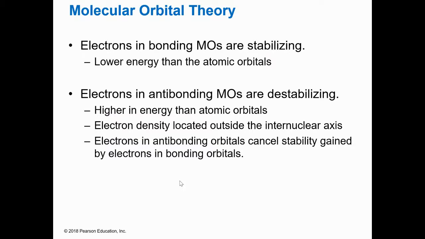The lower ones, they can just drop down to. So anti-bonding molecular orbitals are destabilizing, they're higher energy, and the electrons have to be forced into those higher energy positions for some reason or another. Bonding orbitals are stabilizing, lower energy, much easier. It's easier to climb down a mountain than it is to climb up a mountain.